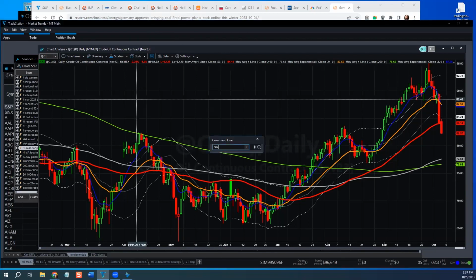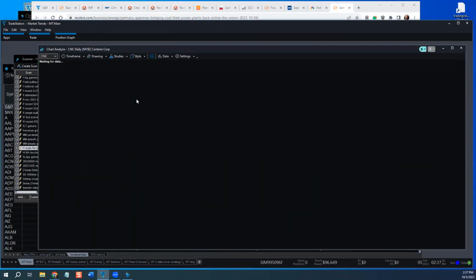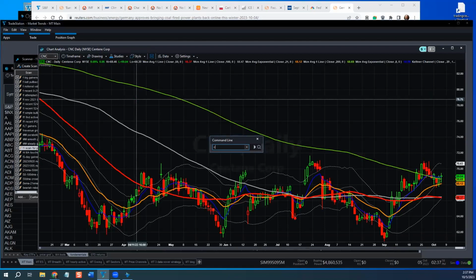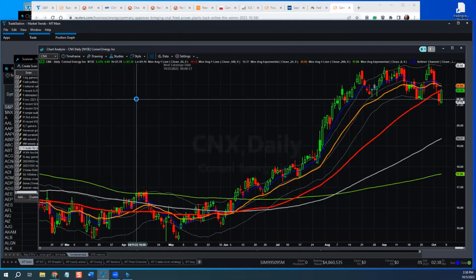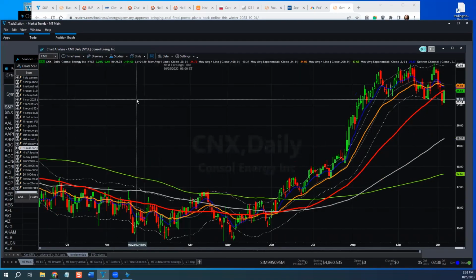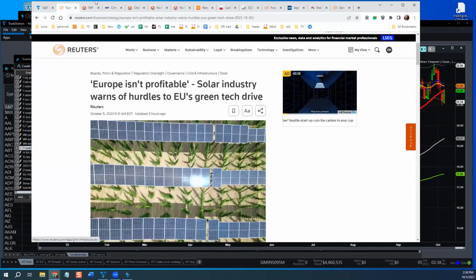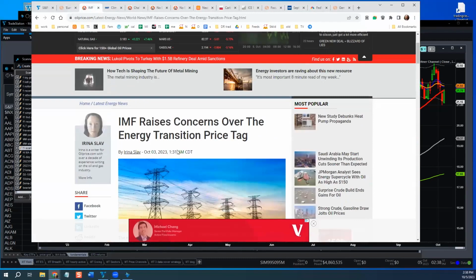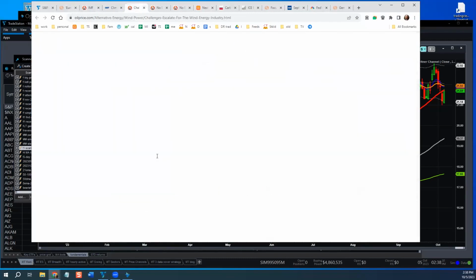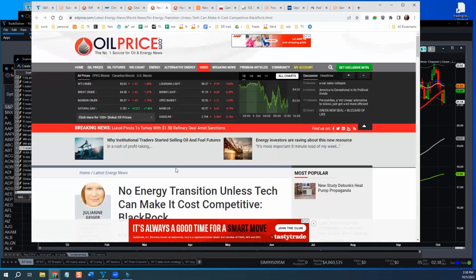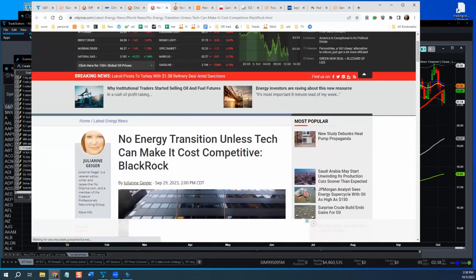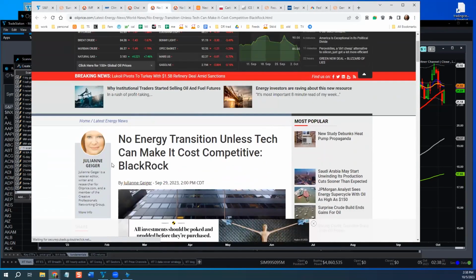So I think right now, a lot of these stocks have really taken a beating. I'm sorry, CNX was another one. They have really been through the ringer. They've been kicked out of the indexes and everything else. And I think when we see the green energy losing favor, and then coal power plants coming back online in Germany, and the Europeans saying things like it isn't profitable, and the IMF warning concern over the energy transition, and all these articles about this weakness, no energy transition, all these things, it just seems like we're having a shift.